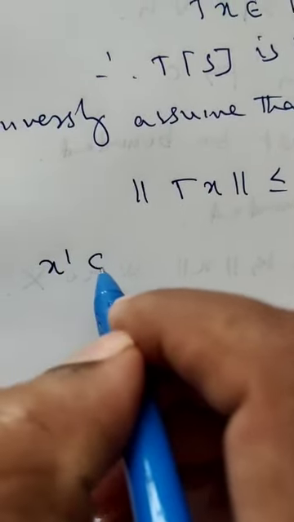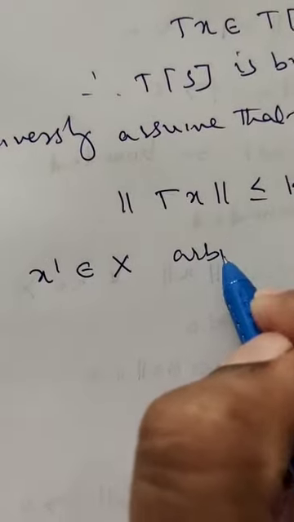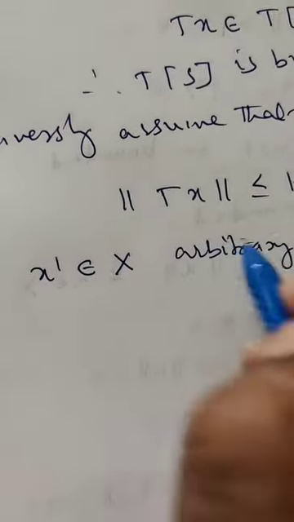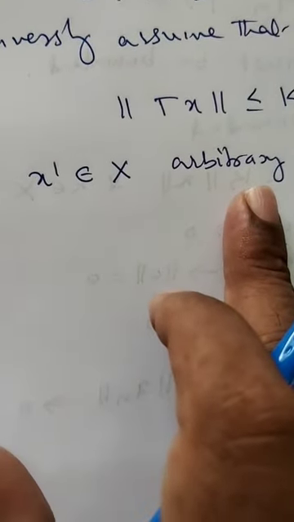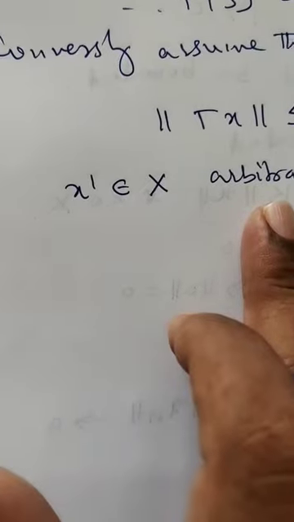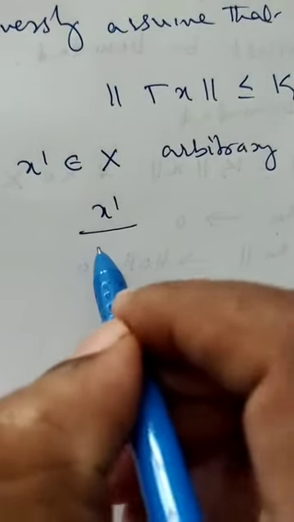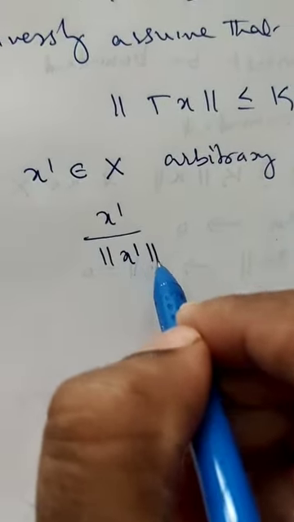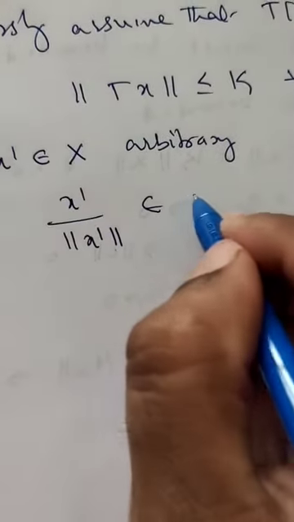Now let us take x dash to be any arbitrary element, because we need to prove it for the general case. Let x dash belong to X be arbitrary. Then x dash by norm of x dash certainly belongs to S. Why?